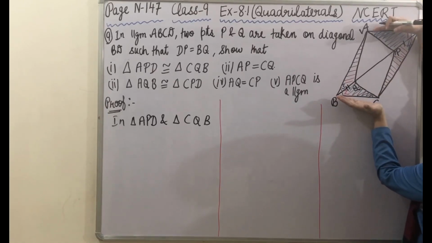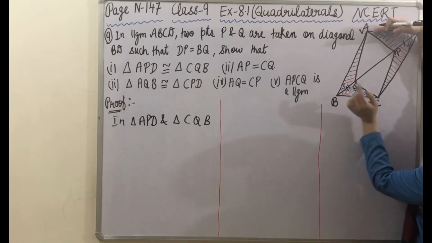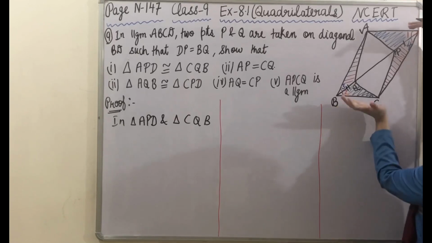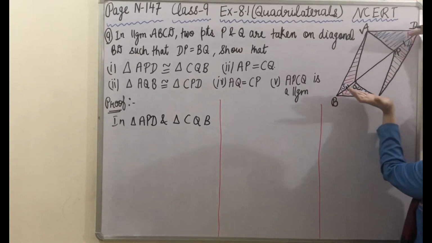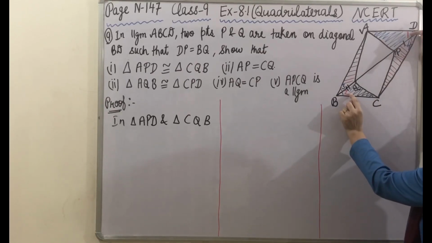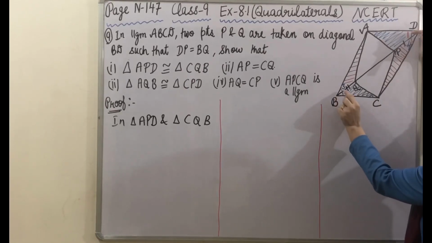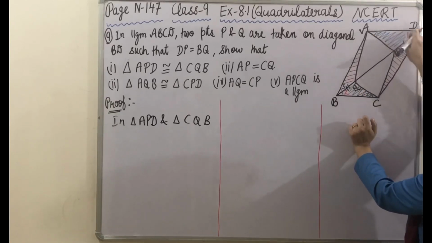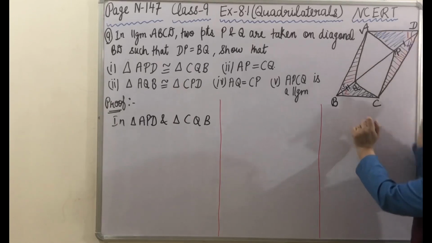Opposite sides of a parallelogram are always equal. Angle 2 and angle 1 are both alternate interior angles because these two lines are parallel and this is a transversal. So we can write angle 2 is equal to angle 1, and the third condition is BQ is equal to PD. It is already given. So the triangles will be congruent by side, angle and side, by SAS criteria.